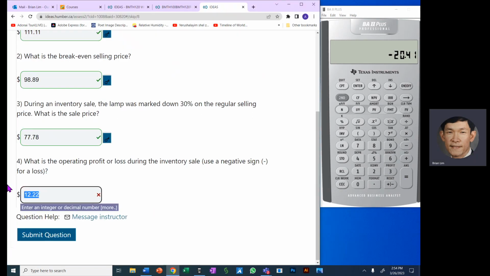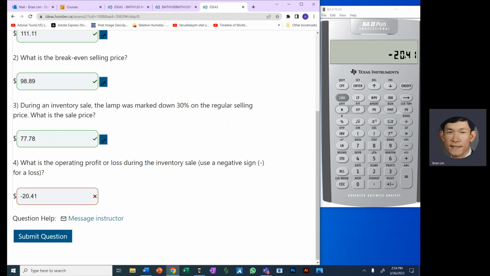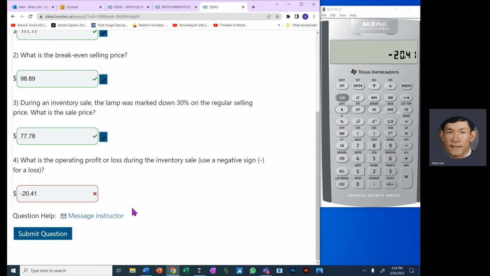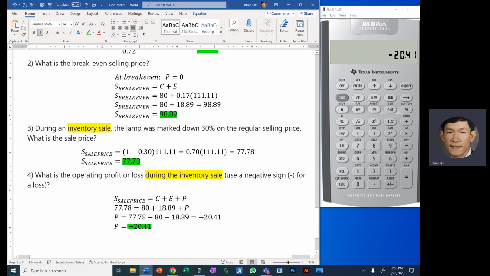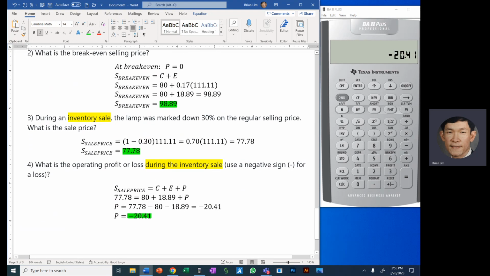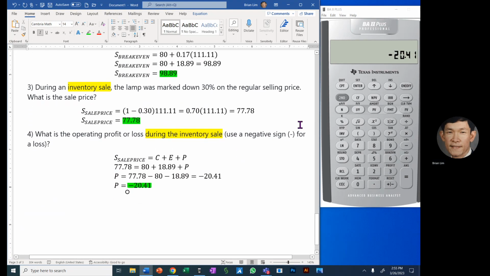So negative 20.41. We submit, and we get it wrong again. So what could be the problem? Let's see. 77.78 is correct. $80 is the cost. 18.89 is the expenses.